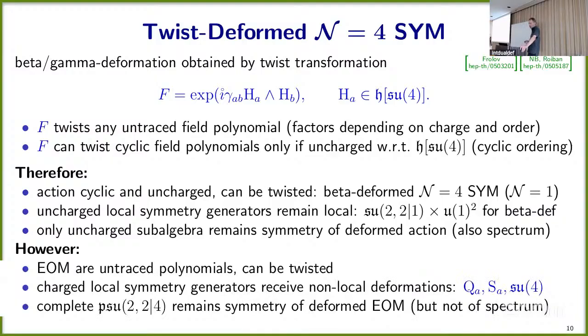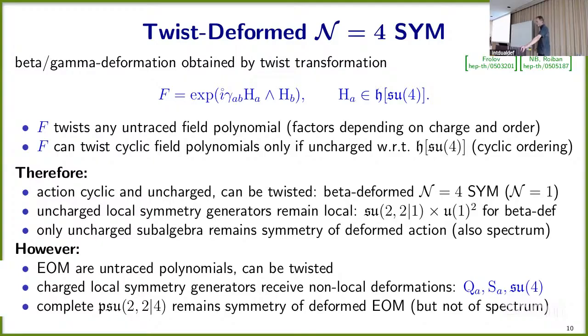However, you can also apply these transformations to the equations of motion, and the equations of motion are not cyclic polynomials, they are open polynomials. They have a beginning and they have an end, and you can properly twist them. And in that sense, even all the equations of motion can be twisted, and you find proper symmetry statements for those generators that have been broken in this twisting process.